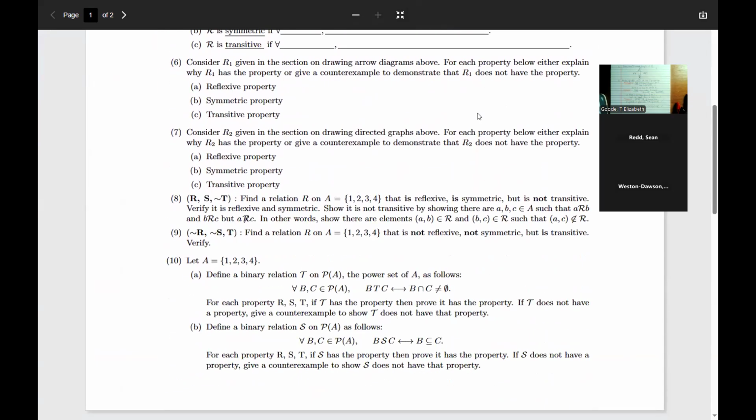So we're asked to find a binary relation, a relation on A, that's reflexive and is symmetric but not transitive.